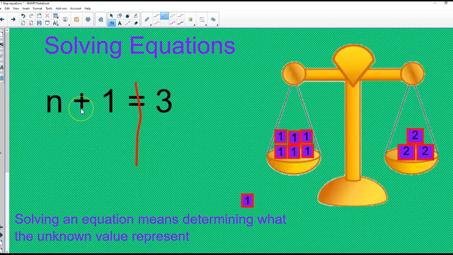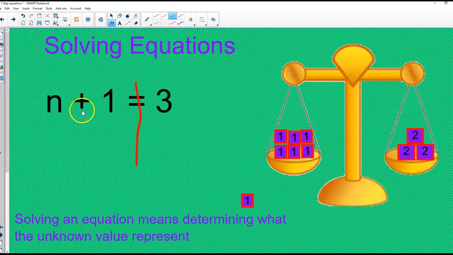So to solve this, what we are going to do is we want to move this 1 from here to the other side. And to do that, we have to use the opposite operation. So this says n plus 1. So to get rid of 1 or to move 1, we need to use the opposite.